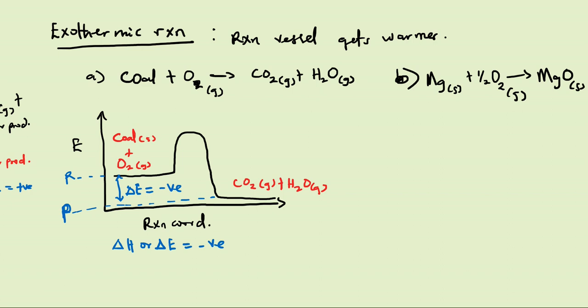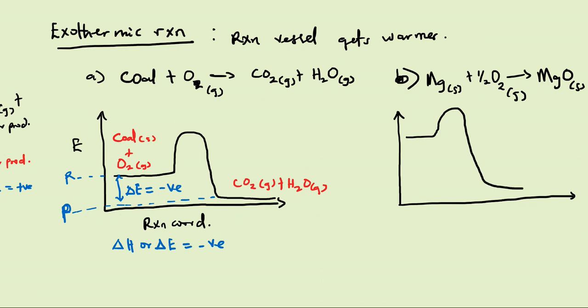So this is more like burning magnesium in oxygen. So you have something that looks like this. We have magnesium solid plus half O2 gas, and then you have magnesium oxide as a product.